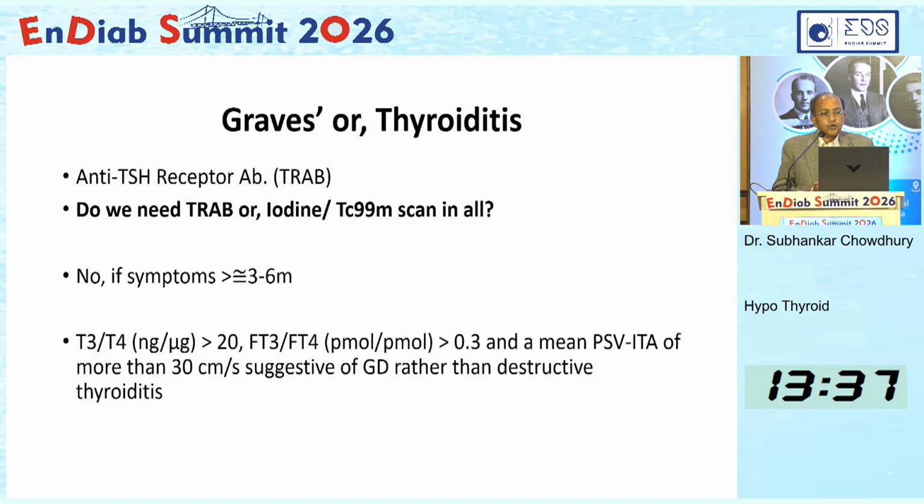Right, so in order to differentiate between the two, and therefore to decide whether we have to start long-term antithyroid treatment or some other form, one way of trying to differentiate is to look at the TSH receptor antibody, TRAB, which, because Graves' disease is an autoimmune condition caused by this TRAB, will be positive in Graves' disease, and will not be positive in thyroiditis.